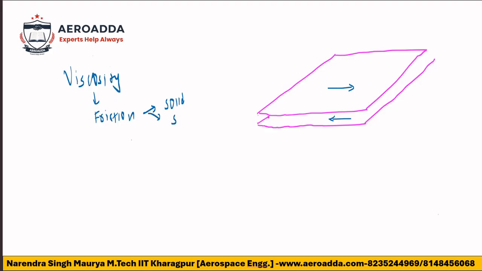You see the table. On the table, you keep your book and apply a tangential force. Then it will move on the surface of the table, but you have to apply continuous force. If you stop applying force, the book will stop. Why? Because there is a resistance force, the friction force.